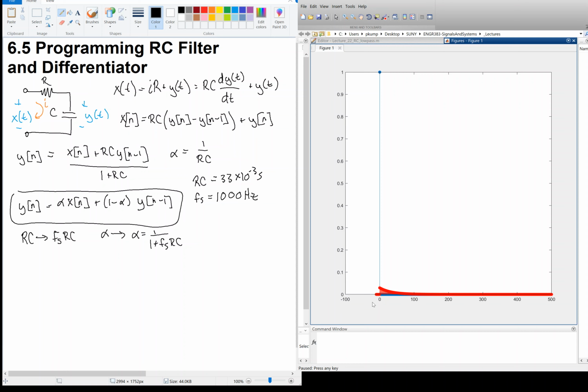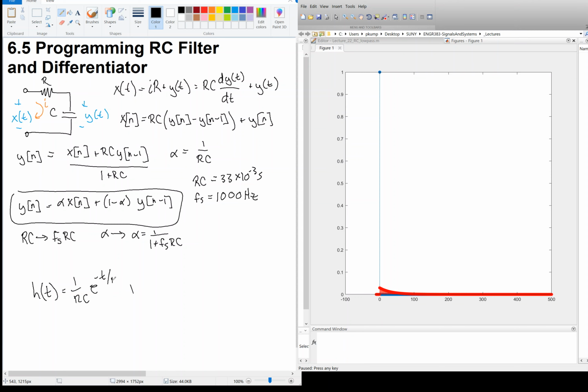And we said in a previous video that the impulse response was given by h of t equals 1 over RC e to the minus t over RC times the unit step, right? And so that's the impulse response that you see there. It's 0, and then it shoots up real quick and then decays back to 0. So there's our decaying exponential.